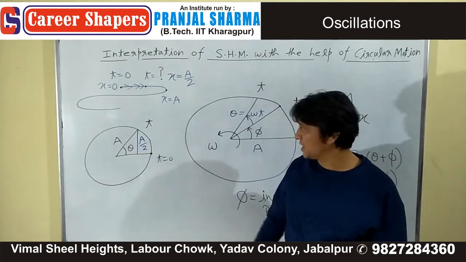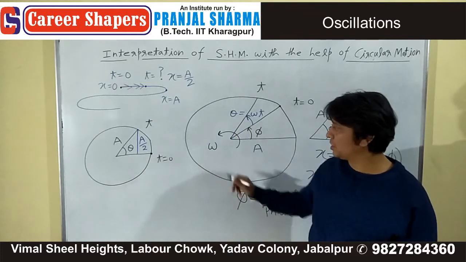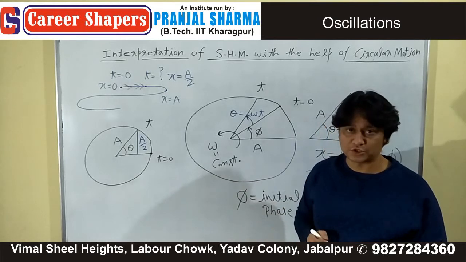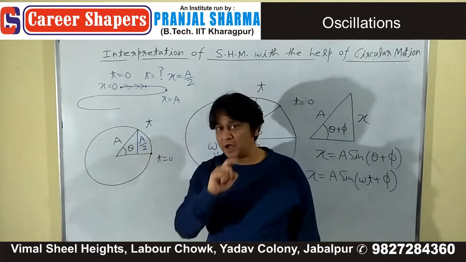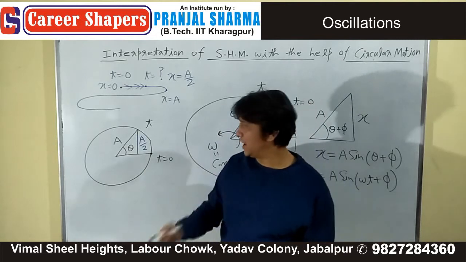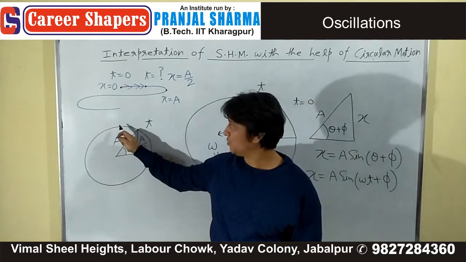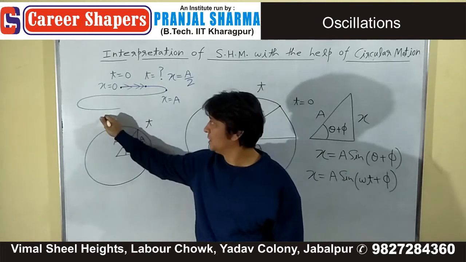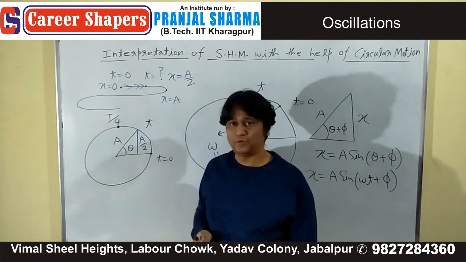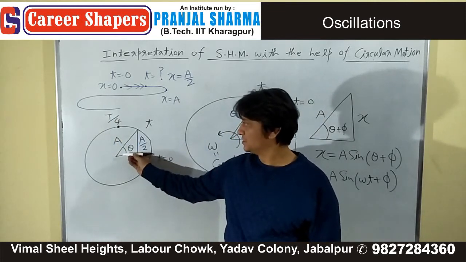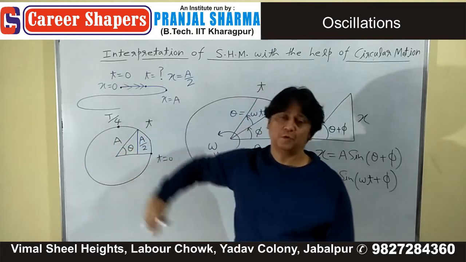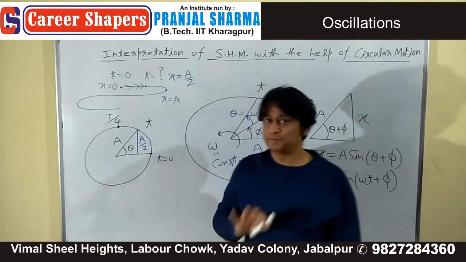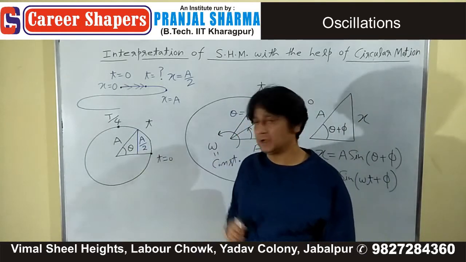But now look at this. In this, your omega throughout remains what? Constant. Which means if omega remains constant, this rod will reach over here after what time? T by 4. From this to complete one full circle, what is the time? Capital T. Now, look at this theta.